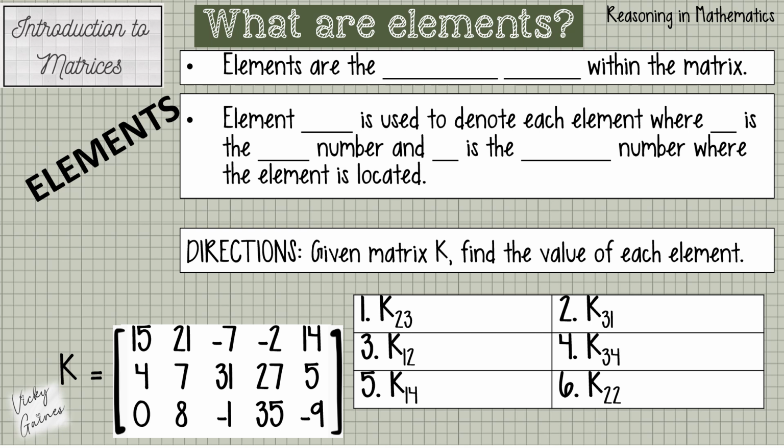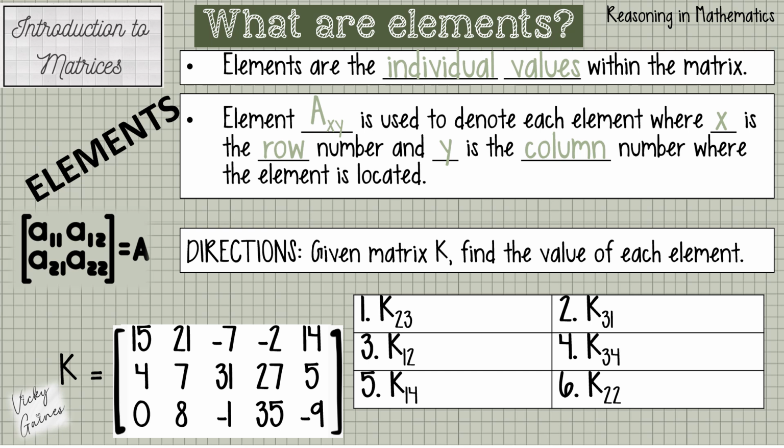What are elements? Elements are the individual values within the matrix. Element A sub xy is used to denote each element, where x is the row number and y is the column number where the element is located.